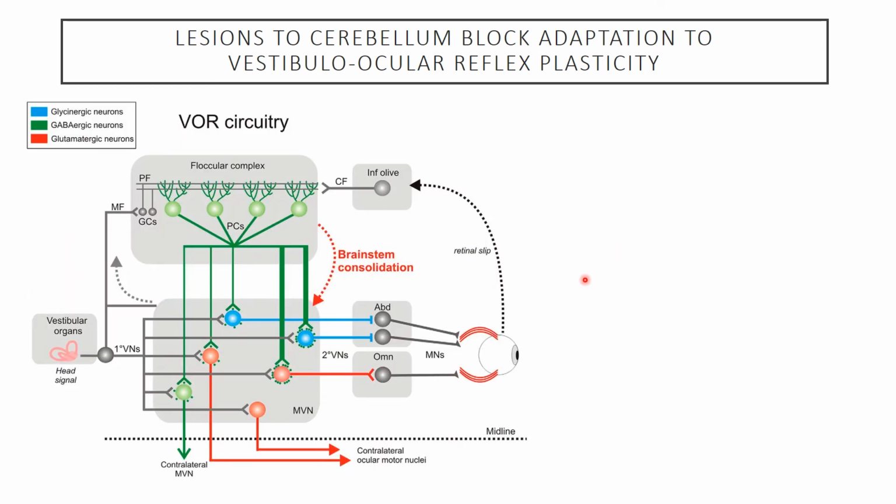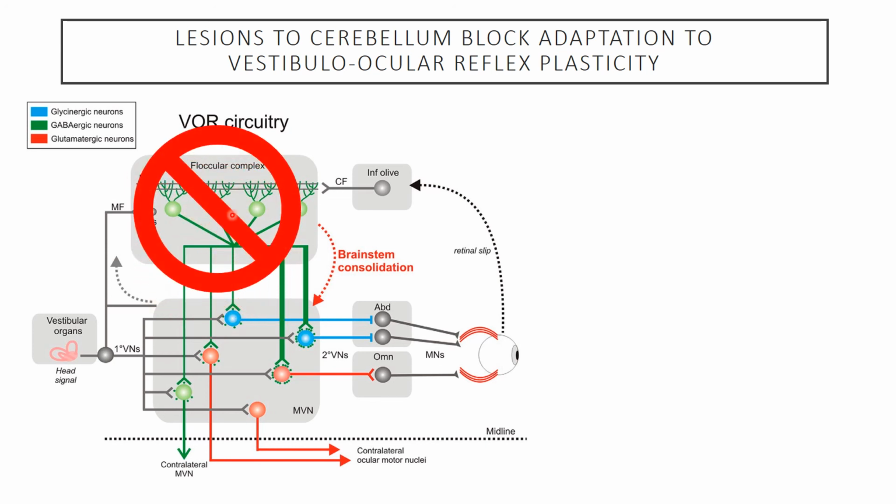So lesions to the cerebellum end up blocking the adaptation for the vestibular ocular reflex plasticity. So if you destroy this, you're going to interfere with the gain changes.